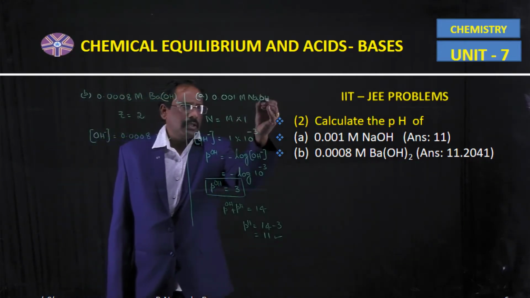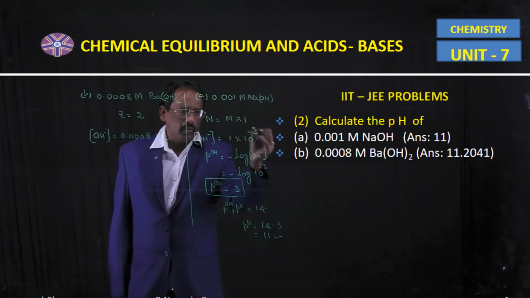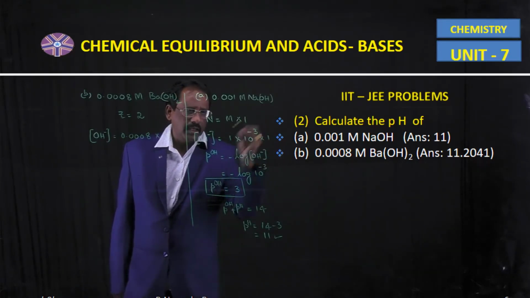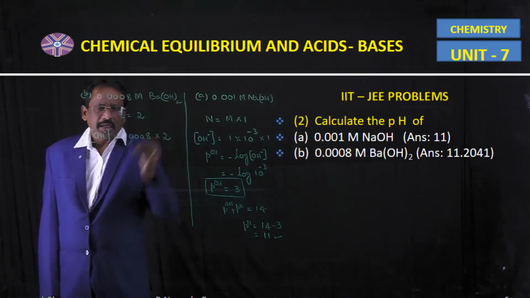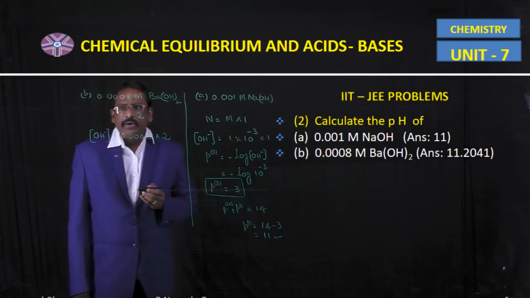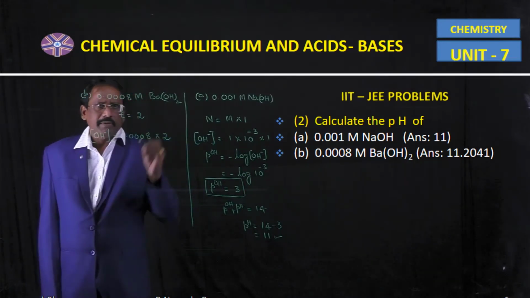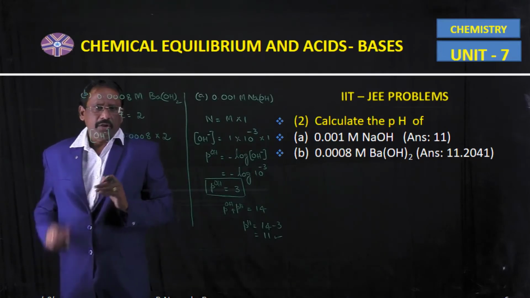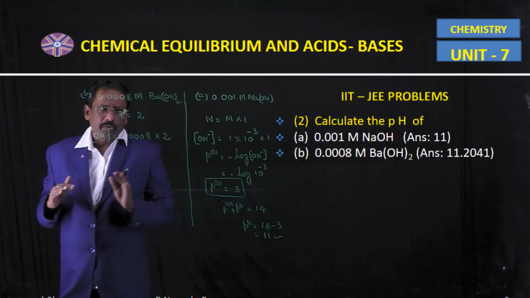In the earlier case there was only one OH, that's why into 1. But here there are 2 hydroxyl groups, that's why for this basic solution the value of Z is equal to 2.